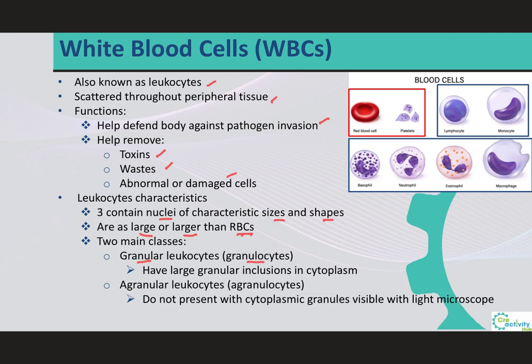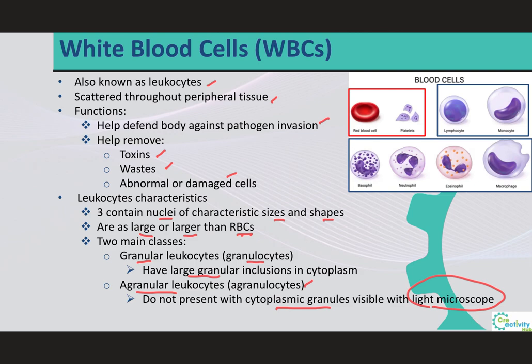These have large granular inclusions in their cytoplasm. The other class of leukocytes are the agranular leukocytes or agranulocytes, which do not possess a cytoplasmic granule that is visible with the use of a light microscope.